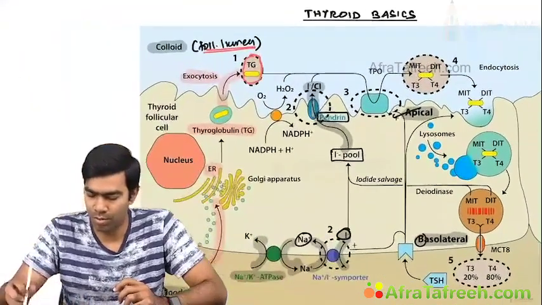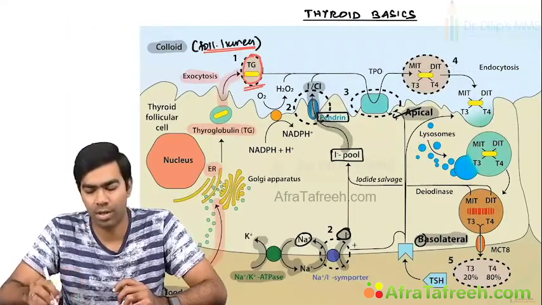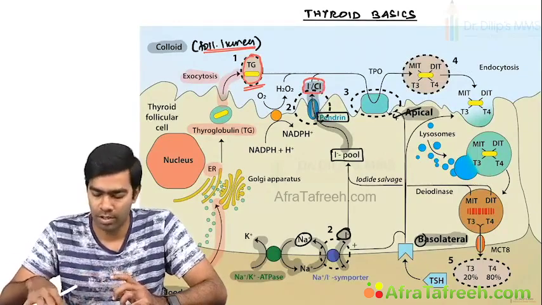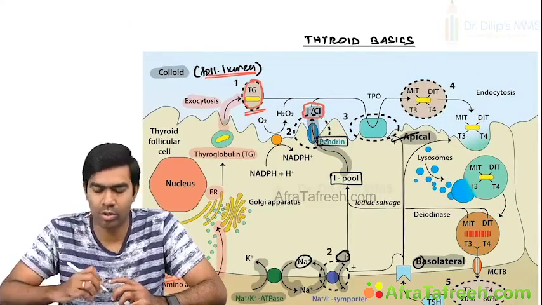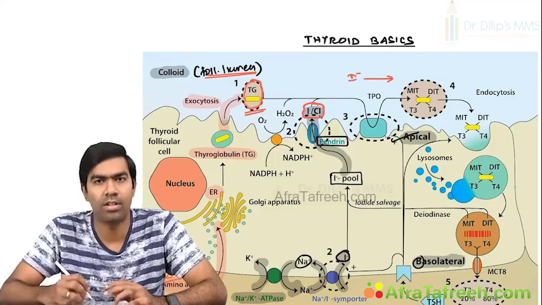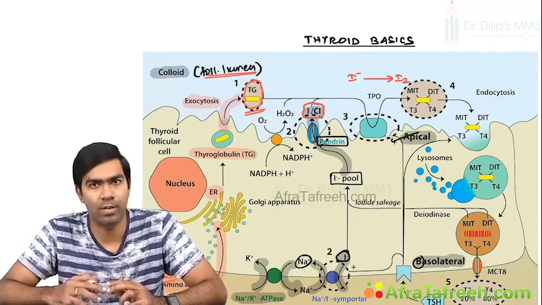Now you know that thyroglobulin is concentrated in the colloid, and your iodine is also concentrated in the colloid. So now you have this thyroglobulin and iodide, both concentrated in the colloid. But remember, this iodide has to be first converted to iodine. Then only can it combine with the thyroglobulin.